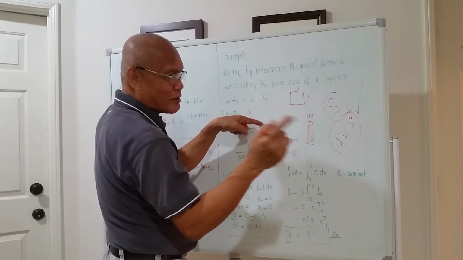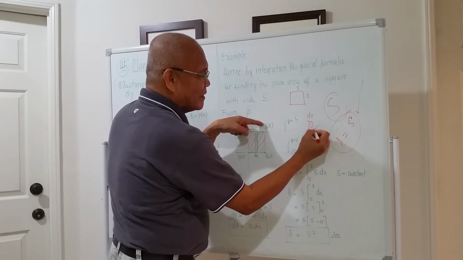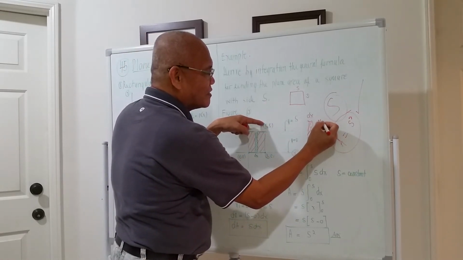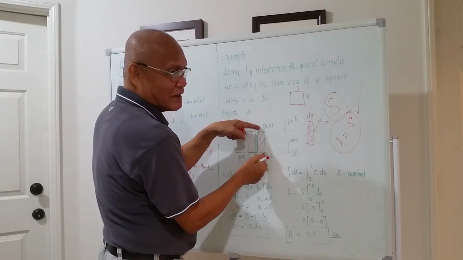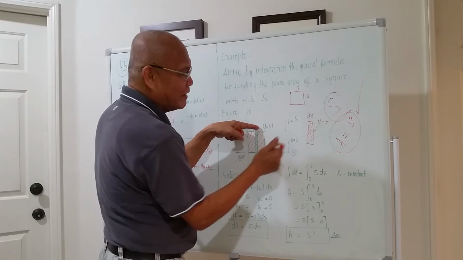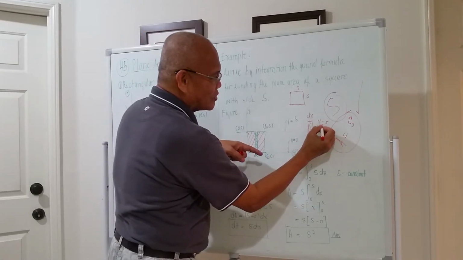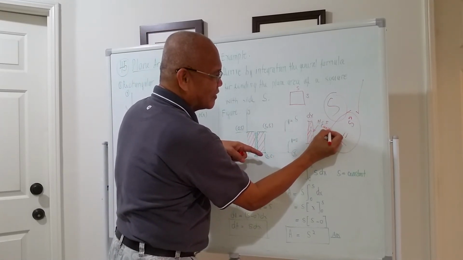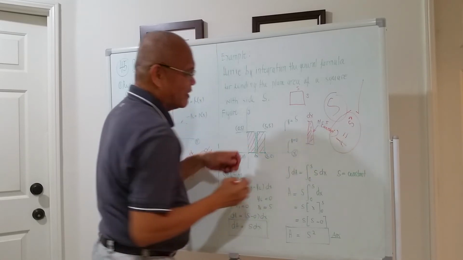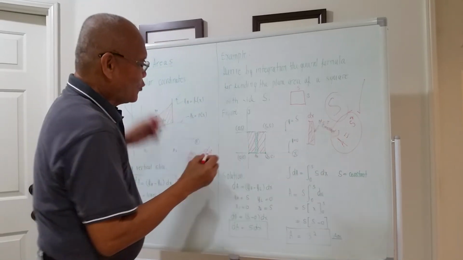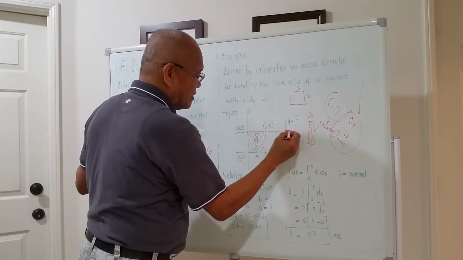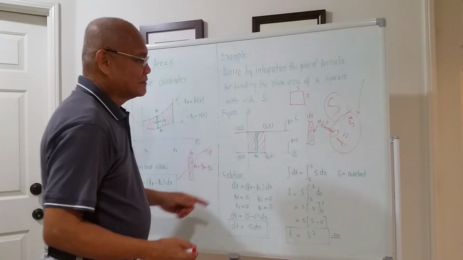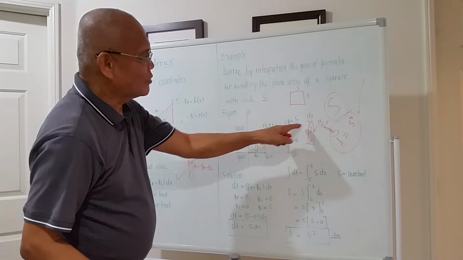Luckily for a square, the height is equal to S, and we are lucky it is constant. It's not variable. So if we try to bring out the equation of this, it is actually a straight line. The equation is y is equal to S.